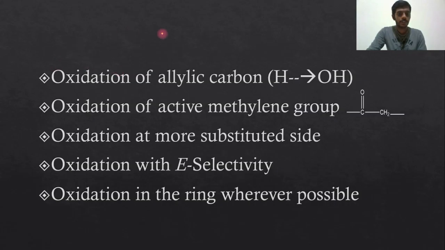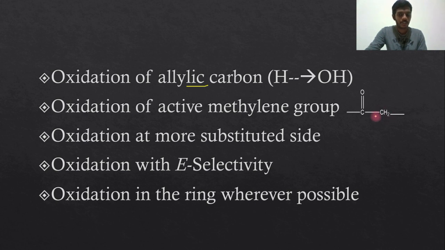These are some of the important statements of selenium dioxide oxidation. It oxidizes the allylic carbon. Here the allylic carbon, which has hydrogen, is converted to alcohol. It also oxidizes the active methylene group. Here the C double bond O group is present. Because of this group, this methylene group is active because it is acidic.